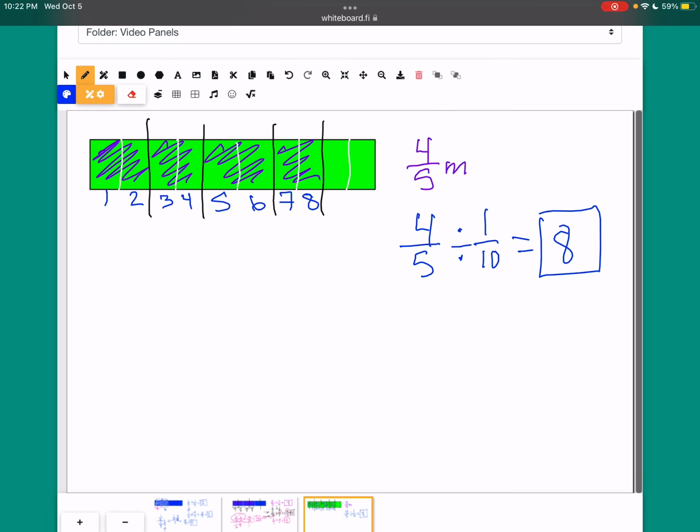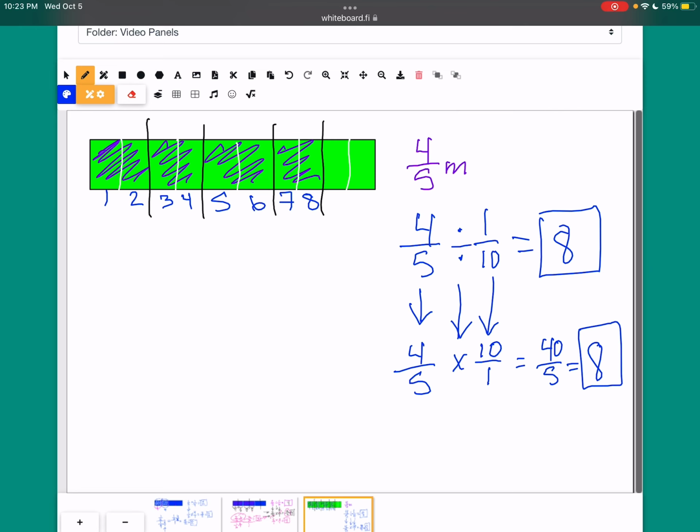Now, if you do it procedurally, and believe me, you're going to have to do some of these procedurally, which is why we're practicing them. 4/5, use the inverse operation with the reciprocal, which is the inverted fraction, okay? And that becomes 40/5, which is 8, okay?